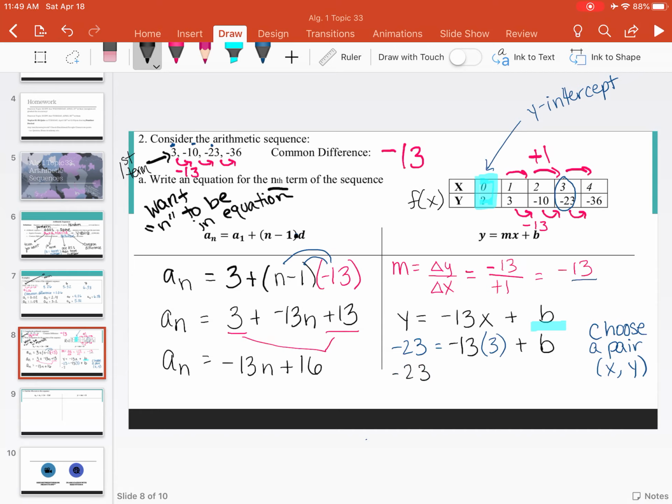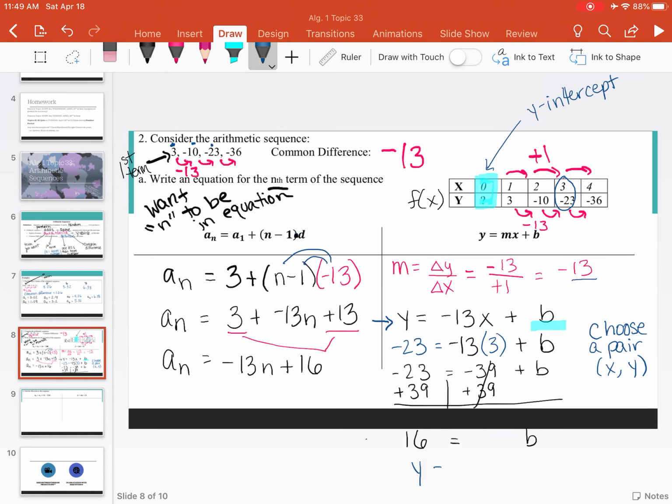So negative 23 equals negative 13 times 3 is negative 39 plus b. Add 39 to both sides. And b is positive 16. So if I want to rewrite my equation using my template, I have y equals negative 13x plus 16.